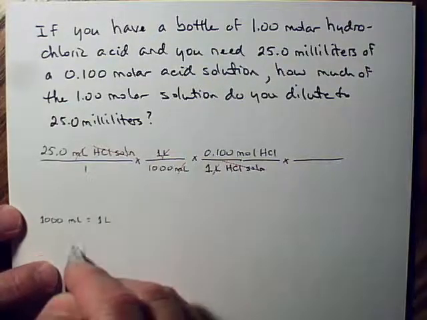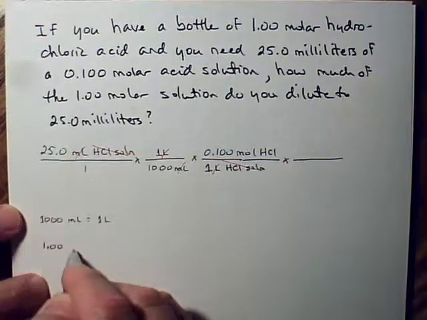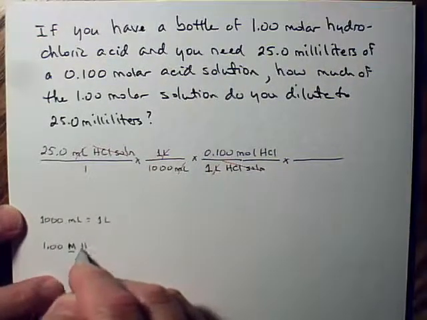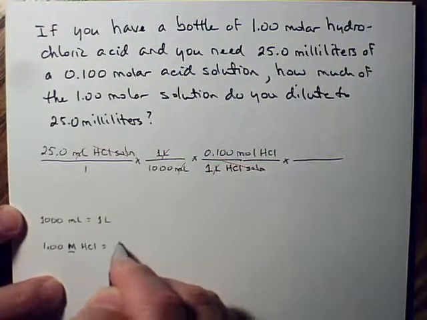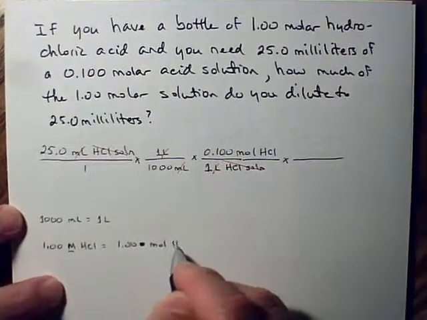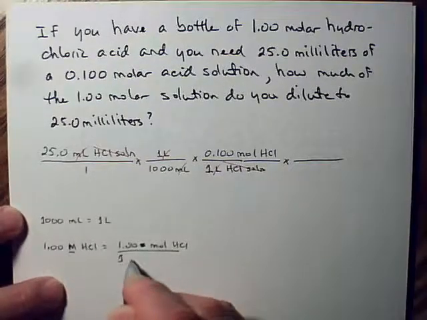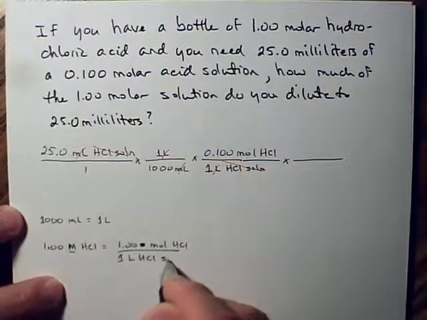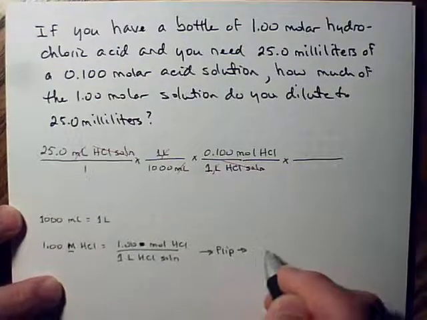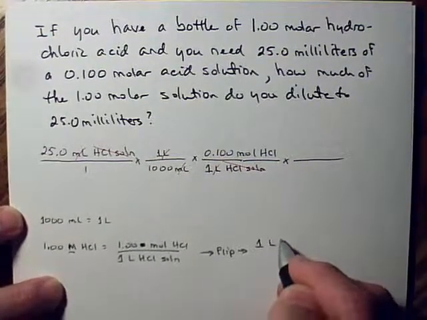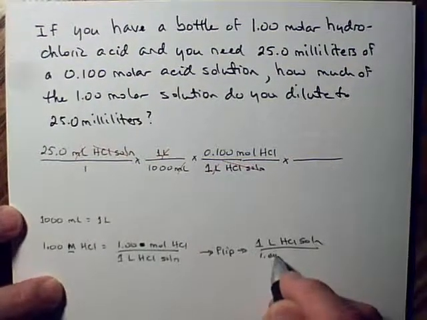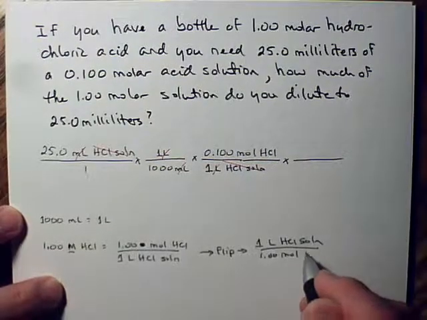So remember that 1.00 molar HCl is 1.00 moles of HCl over 1 liter of HCl solution. And all we're going to do is flip it. And we're going to have 1 liter of HCl solution over 1.00 moles of HCl.